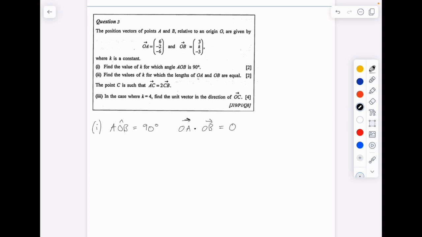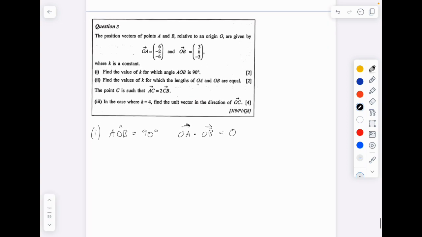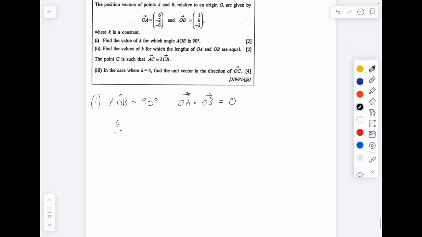Because remember, if the dot product equals 0, it's perpendicular. So what does that mean? Well, that means we can say (6, -2, 6) times (3k, -3) is going to equal 0.